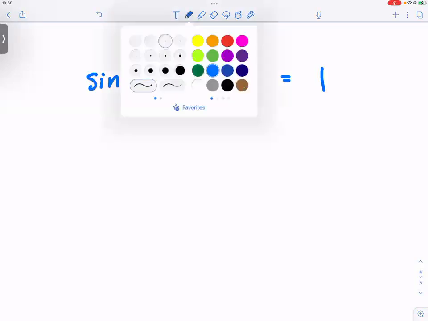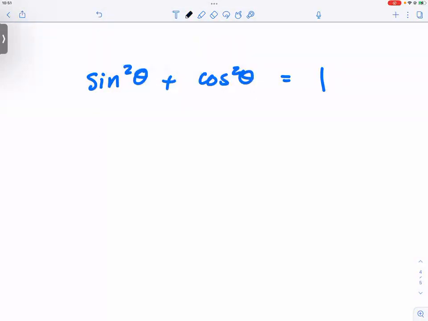I do not remember the other two, but I know how to get the other two. How do you get the other two identities? You divide both sides by either sine square theta or cosine square theta to get the other two equations. So if you divide the first one, both sides, by the sine square theta, this becomes 1.